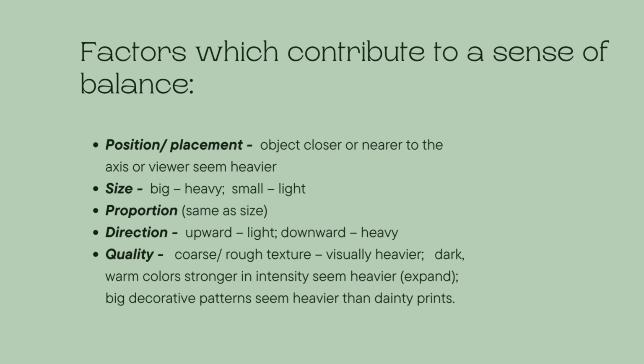As for size as a factor, big usually equates to heavy, small is understood as light, and proportion is closely related to size in its essence. As for direction, upward equates to light, and the downward direction tends to seem heavy.